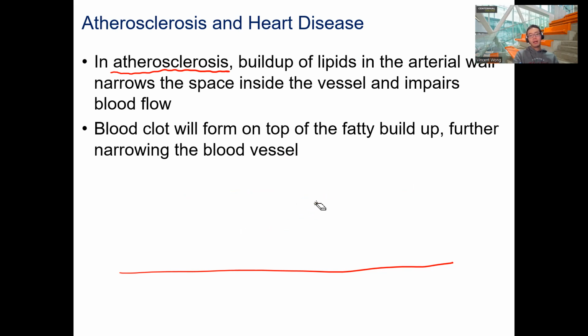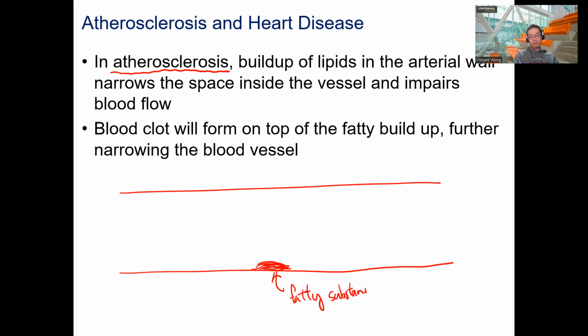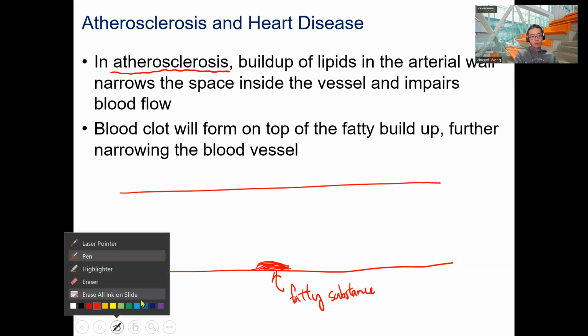We want that. But if we have too much cholesterol, too much LDL, the cholesterol starts to accumulate here and build up. So we have an atherosclerotic plaque, fatty substances. Then when the blood comes, it passes through this rough patch and sticks to it. I'll use a different color, purple.